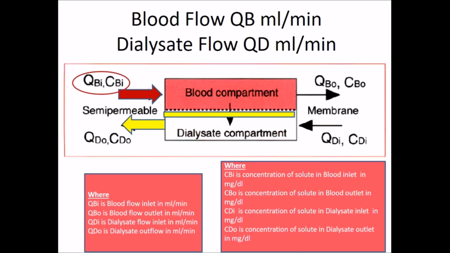So QB is the blood flow inlet in milliliters per minute, and QD is the dialysate flow inlet in milliliters per minute, while the concentration of solute in blood inlet is in milligrams per deciliter, and the concentration of solute in blood outlet is in milligrams per deciliter.